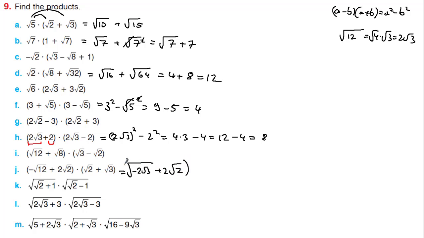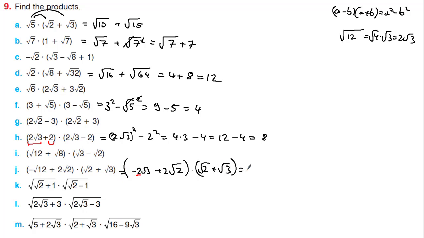Alright, then we should multiply this whole expression by root of 2 plus root of 3. I see something in common. Look, there is this 2 and this 2 in common. Sorry, I miswrote this root here. It shouldn't be there. Yeah, like this.